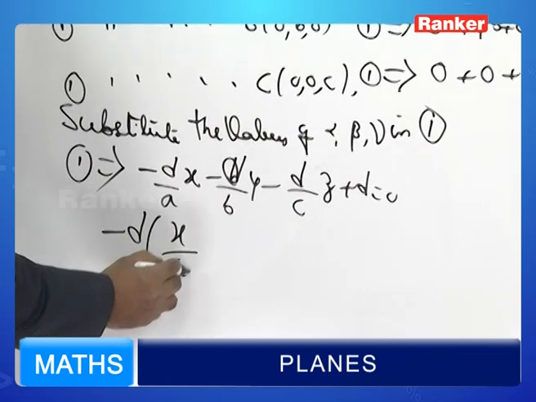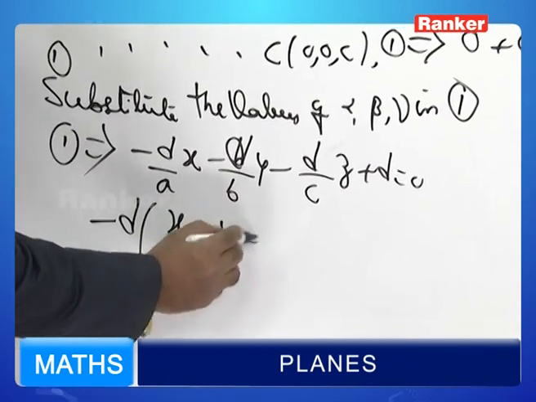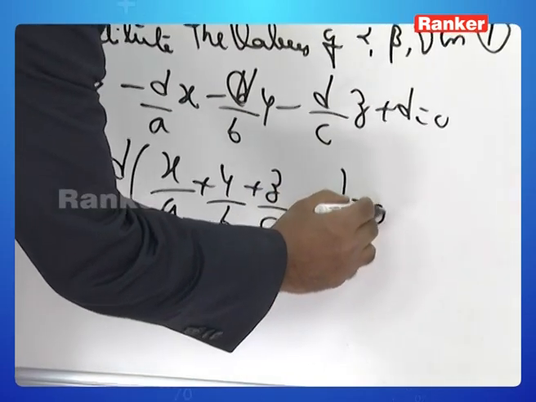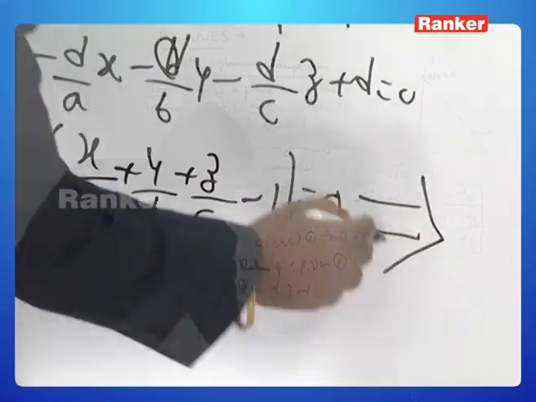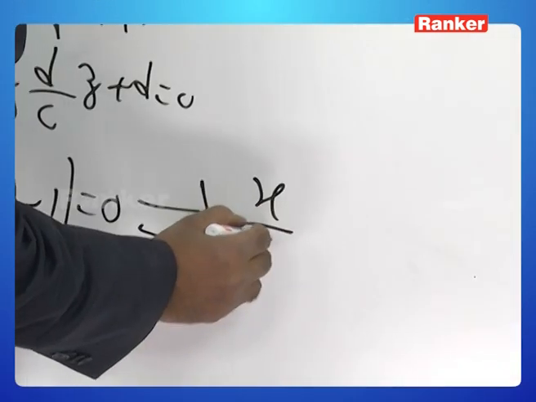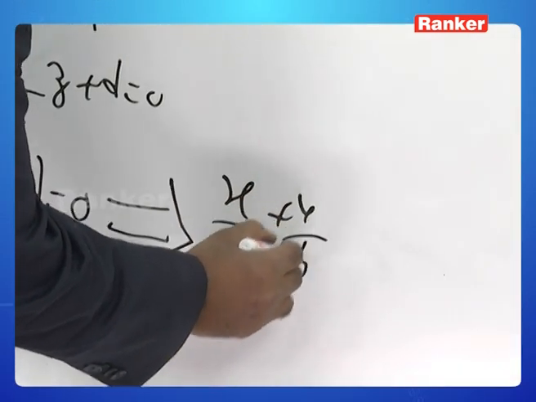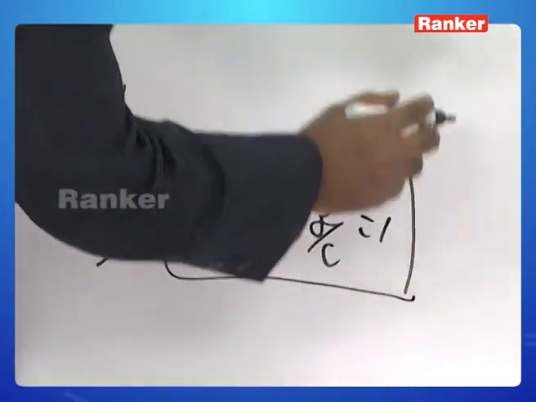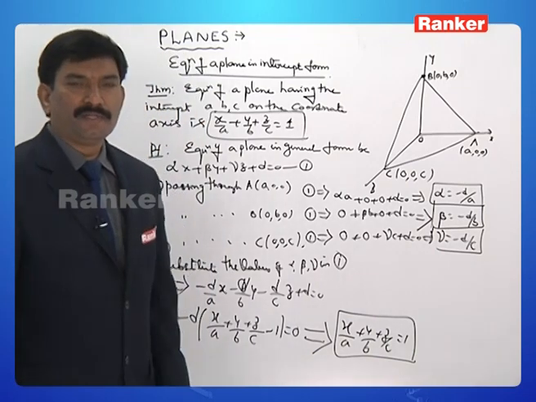Therefore, x by a plus y by b plus z by c minus 1 is equal to 0. I can write this as x by a plus y by b plus z by c is equal to 1.